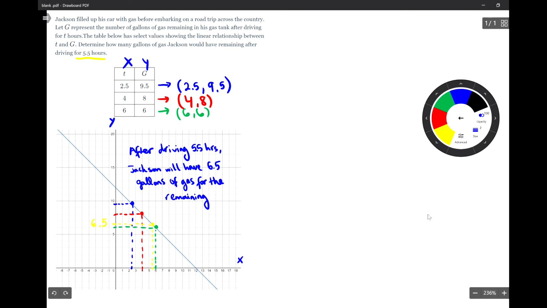That's how we write the answer in a full sentence. So that's how you use a graph to solve this problem.